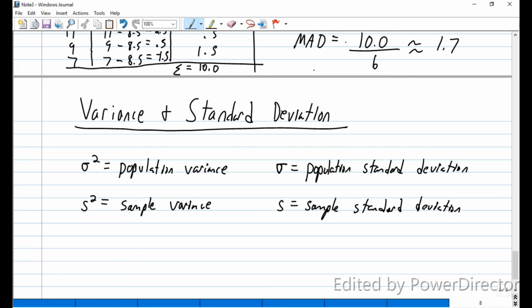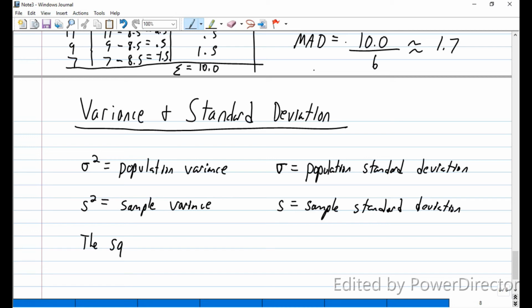Take the square root, right? So that is the relationship between these two terms. The square root of the variance, whether it's population or sample, is equal to the standard deviation. That's probably one of the most important statements that I've made so far in this class.